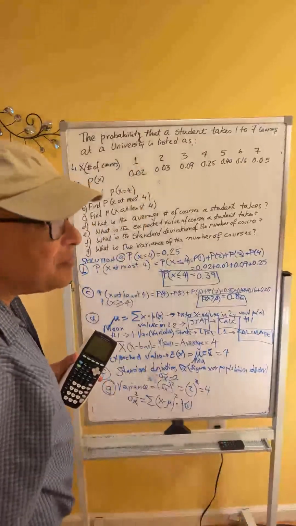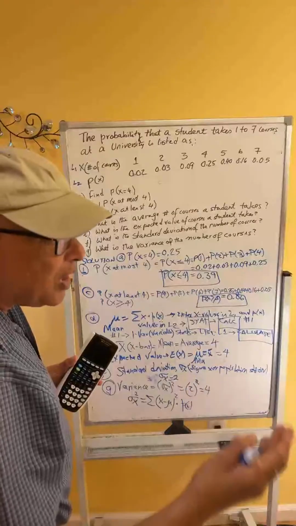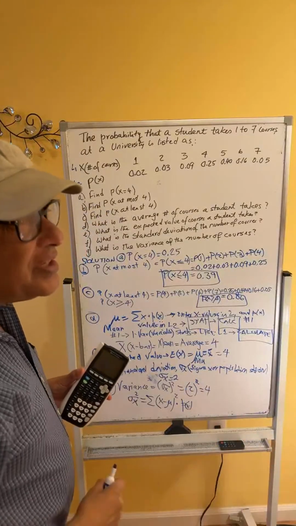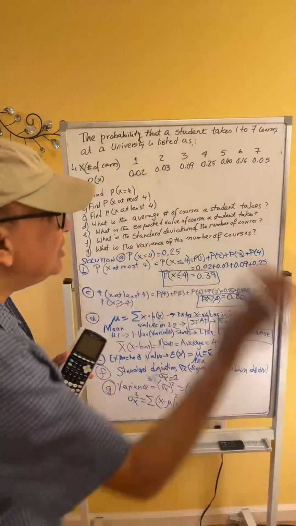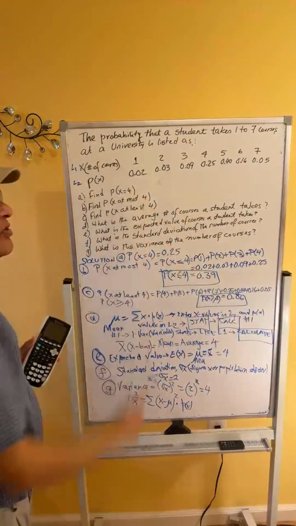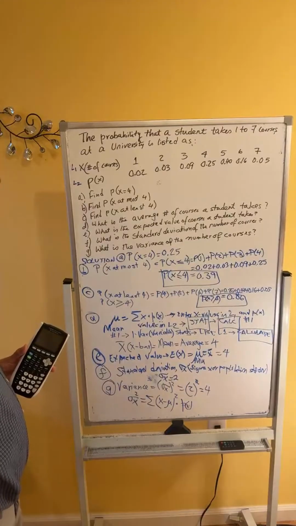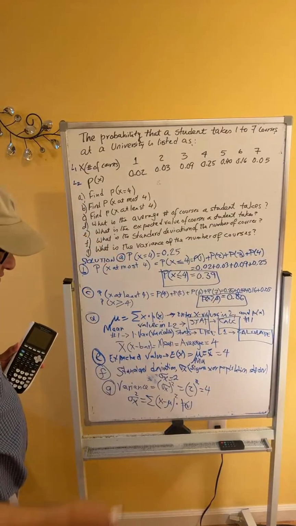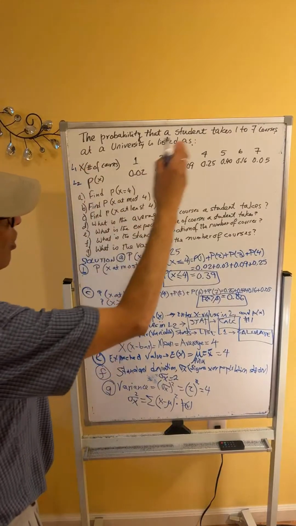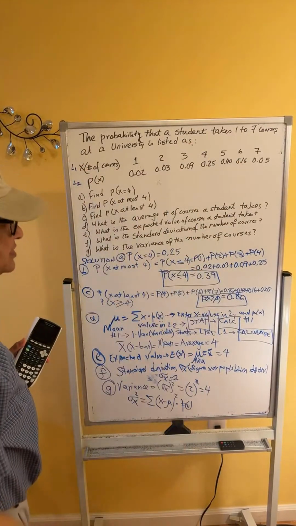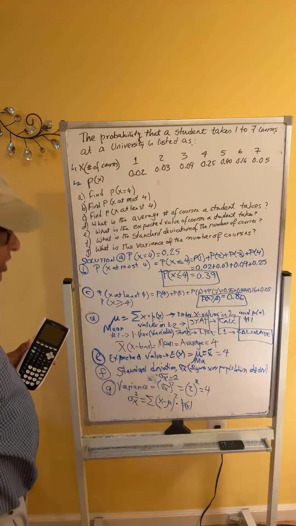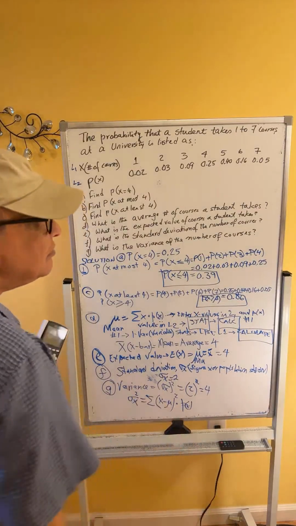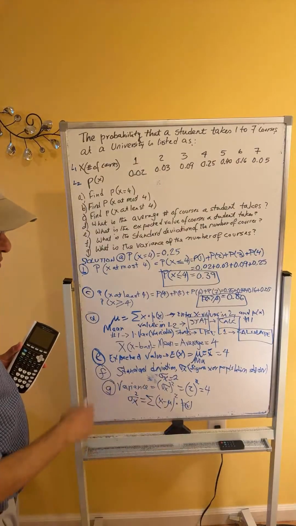If you square that, minus 3 times minus 3 is positive 9. 9 multiplied by the corresponding probability, 9 times 0.02, is 0.18. And you do it for all the values of x, and then add the products together to get the variance. But we will depend on the calculator because it is quicker.